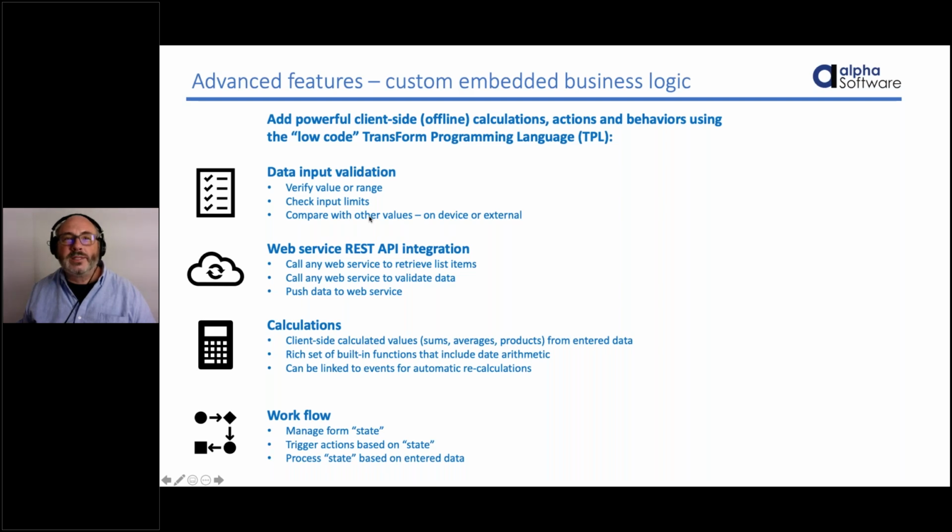Maybe value A always has to be higher than value B for a particular application. We can do that type of input validation as well, also using the TransForm programming language. In most cases, this is 1 line or maybe 2 lines of code to do these sorts of things. It's not terribly difficult to manage, but it is a little bit of coding, so we need to be straight with you about that.